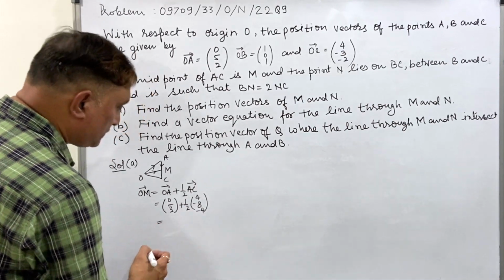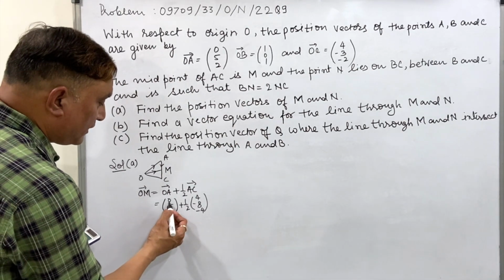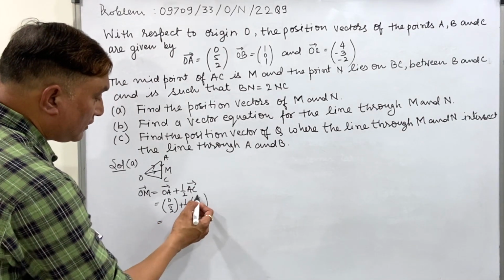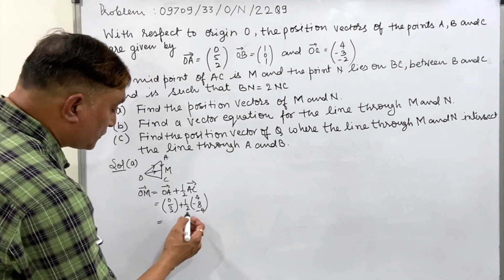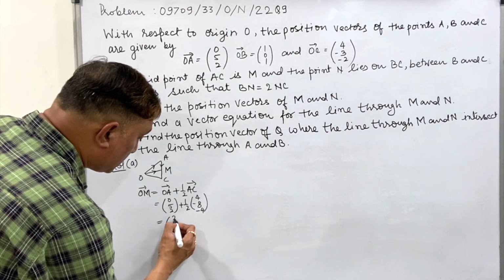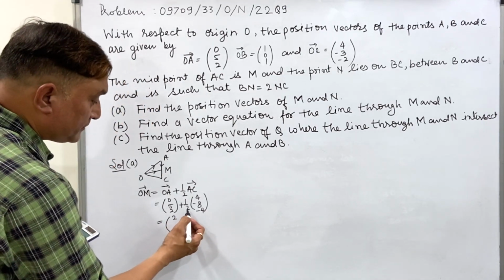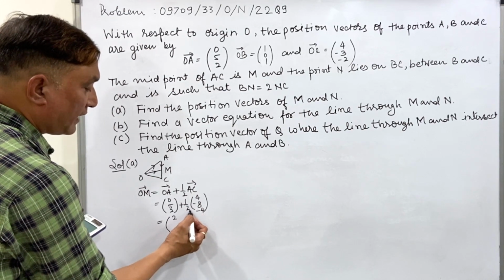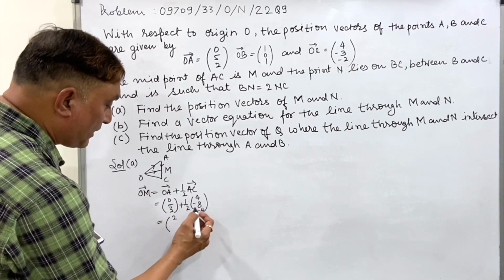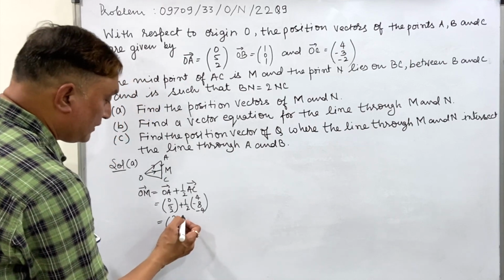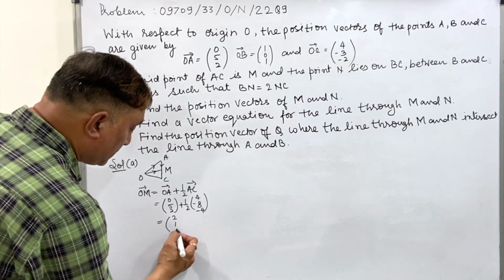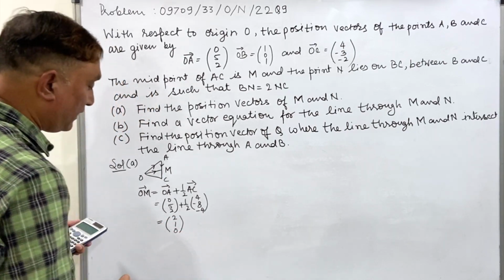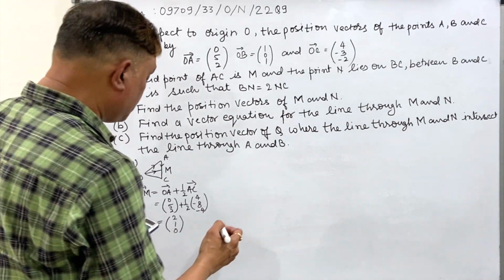So now I'll simplify here. 0 plus 4 by 2, so that would be 2. The second, when you divide, it would be -4, so 5 minus 4 would be 1, and the last value would be 0. So this is my OM vector.